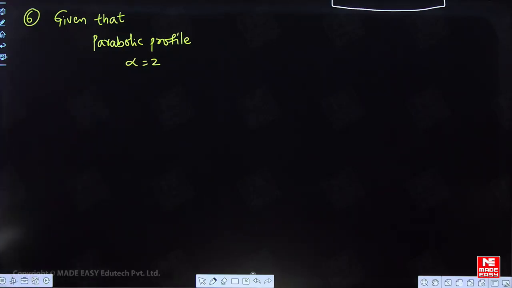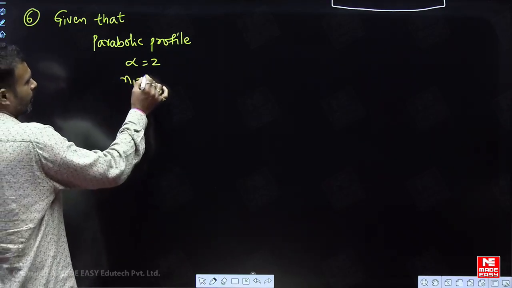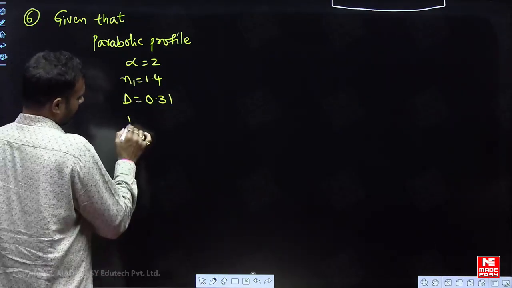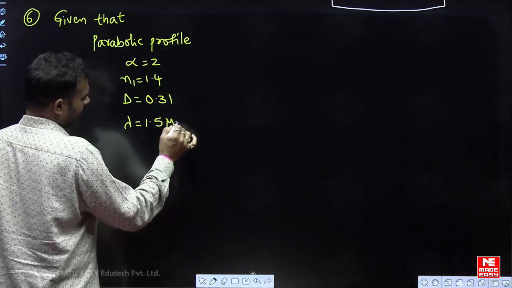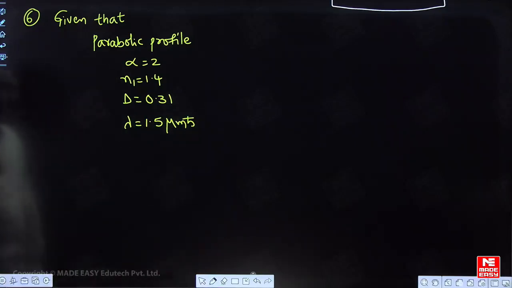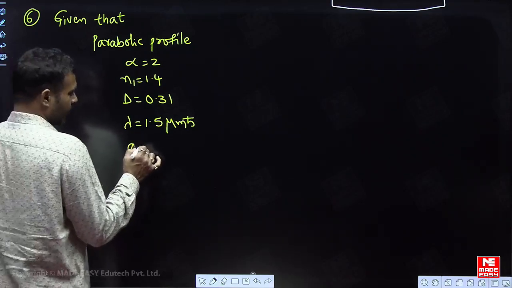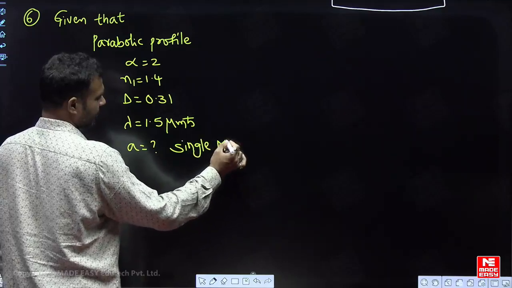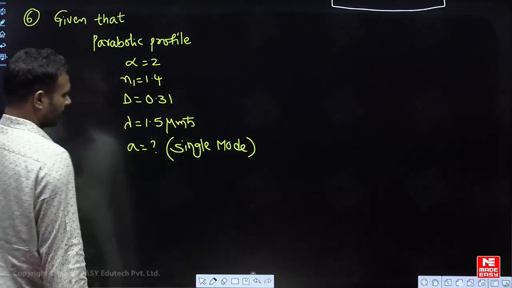Next, he gives the value of N1, N1 is equal to 1.4 and delta is equal to 0.31. Lambda is equal to 1.5 micrometers. This is the given value. What is the large core radius for which it operates in single mode? What is the value of A? For single mode operation it is required.